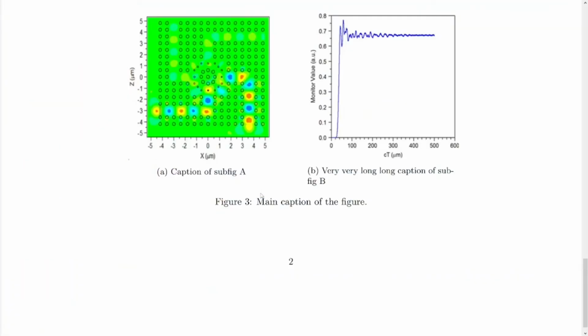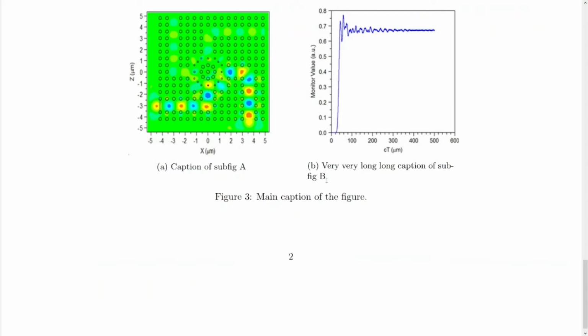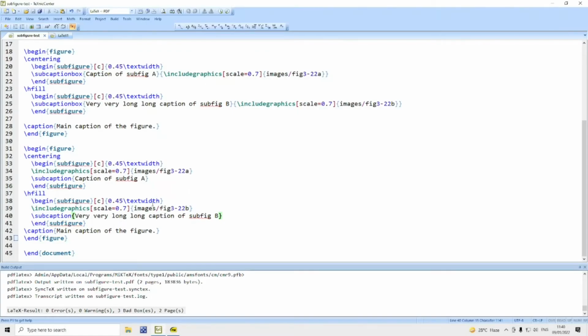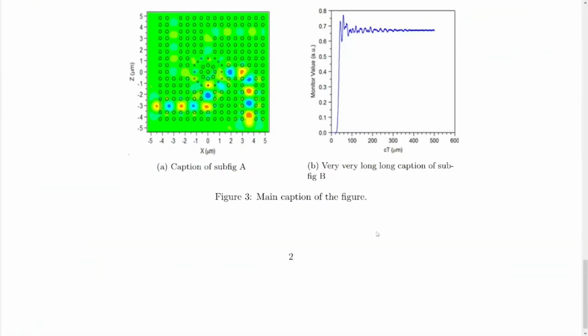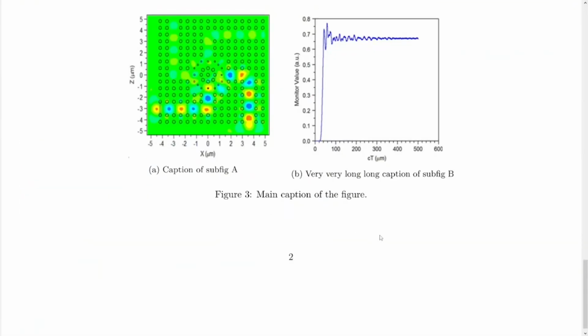I compile, and you find that the problem appears to remain the same. Actually, you can increase the width of this minipage. Then you will notice that here the subfigure caption is accommodated in a single line.